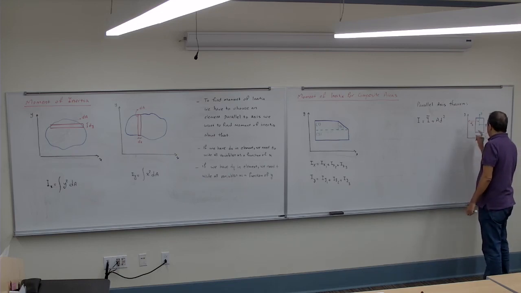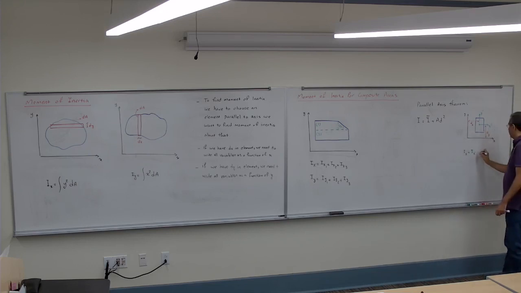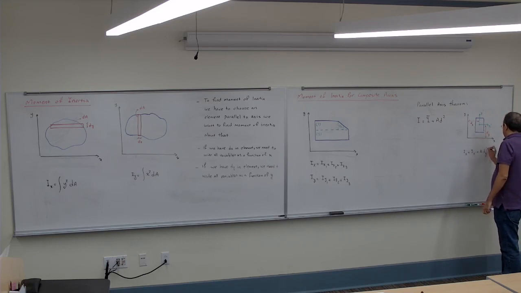So if I want to find the I about x, it is I about the x prime plus A d sub y squared.